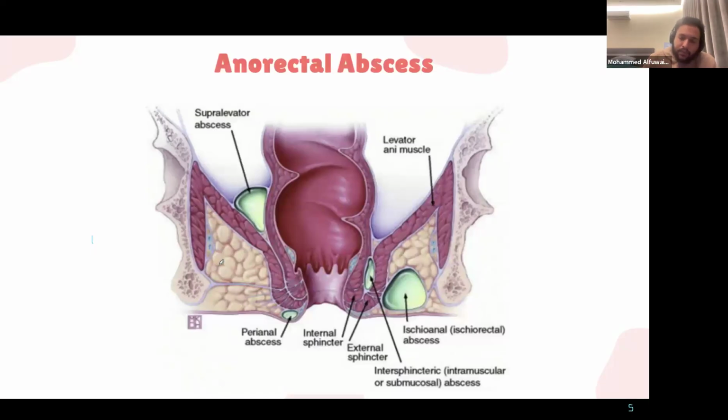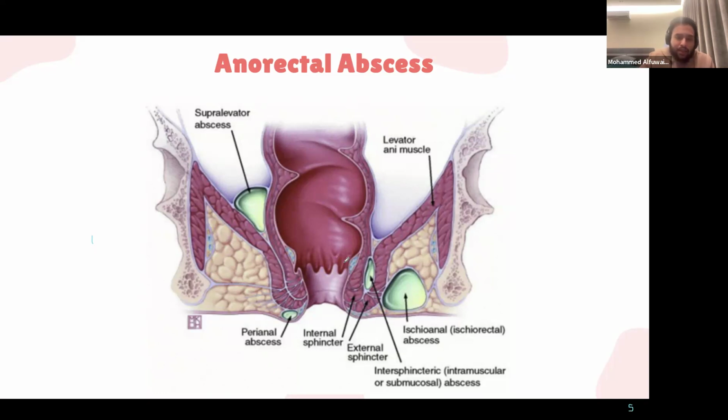Now, anorectal abscess. Again, as I said, it forms in any of these spaces that we talked about: supralevator, perianal, intersphincteric, ischioanal, or ischiorectal, okay? Due to obstruction of the crypt glands that drain into these areas. Causes, there's many, not too important to remember all of them.